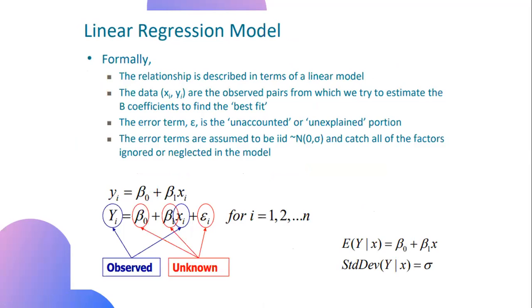Again, here, I just want to reiterate everything that I have just explained. The error term, E, is the unaccounted or unexplained portion. When you do a regression in Excel, you are really trying to establish a linear equation. And in a linear equation, as I showed in the previous slides, there is always an intercept.